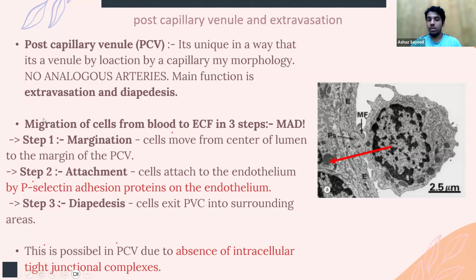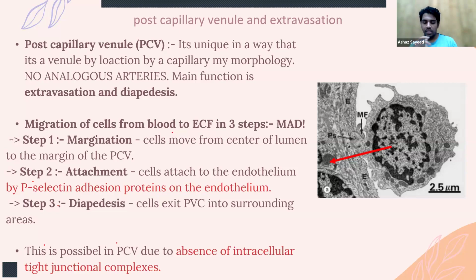So now we'll be talking about migration of cells from blood to the extracellular fluid. Cells actually can leave the blood and go into the extracellular fluid outside the blood, so outside even the tunica externa, in the extracellular regions where you have different kinds of cells.